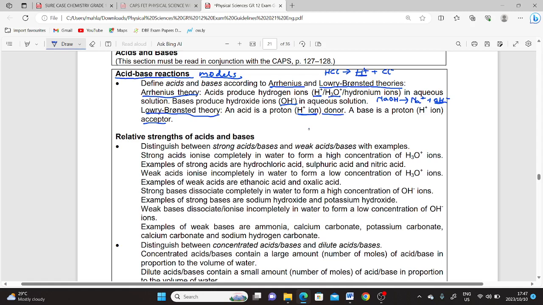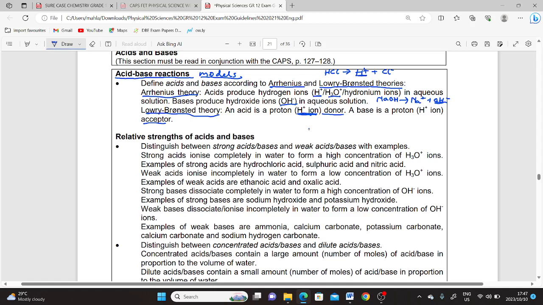If a molecule is an acid, it must donate the hydrogen ion. If it's a base, it must accept the hydrogen ions. All right, we'll see this in conjugate acid-base pairs.